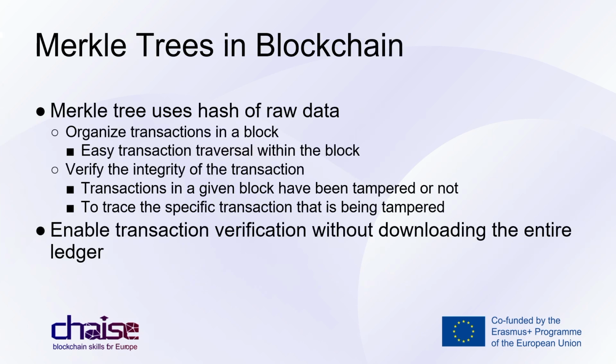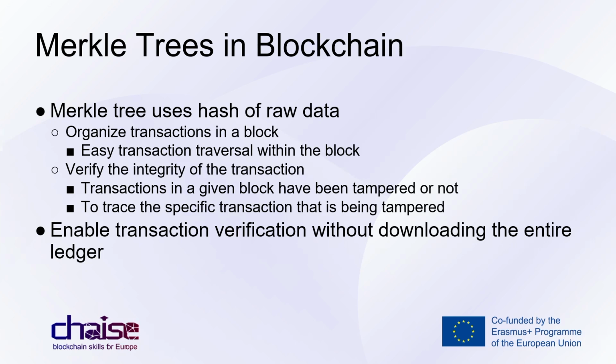Merkle trees in blockchain. Merkle trees are hierarchical tree-like structures that represent parent-child node relationships. Groups of nodes within the tree are called subtrees, and a node with no children is called a leaf node. A Merkle tree utilizes cryptographic hash functions to store the hash outputs instead of raw data in each node.